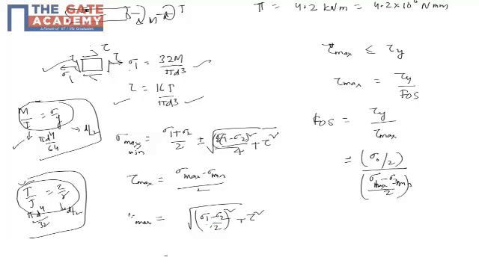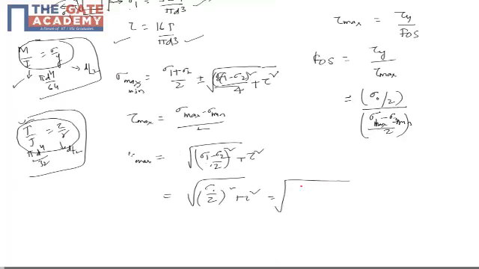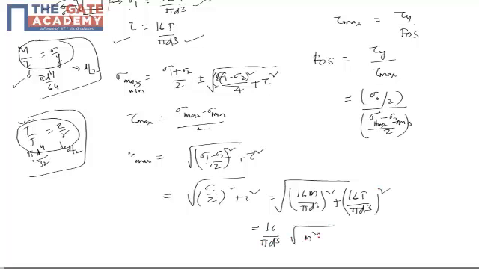Now there is no sigma 2, because sigma 2 is 0, we have only sigma 1, so it becomes square root of sigma 1 by 2 whole square plus tau square. If you want to convert in terms of bending moment, it becomes square root of 16 M by pi d cube whole square plus 16 T by pi d cube whole square. So 16 by pi d cube we can take out common, and it will be root of M square plus T square.